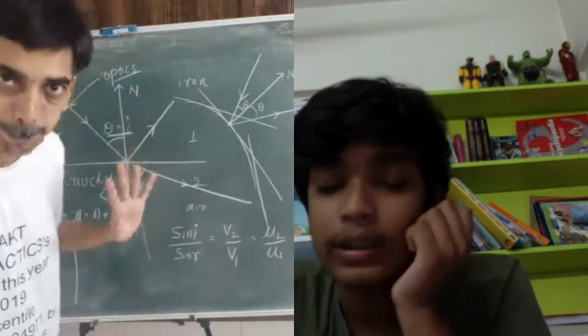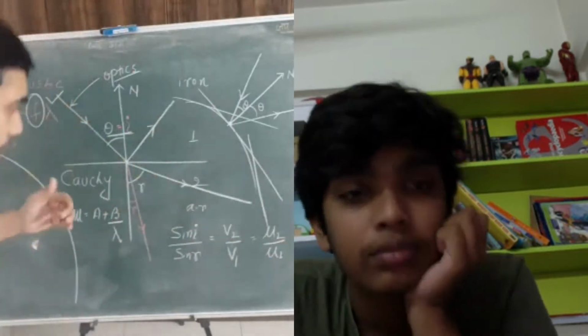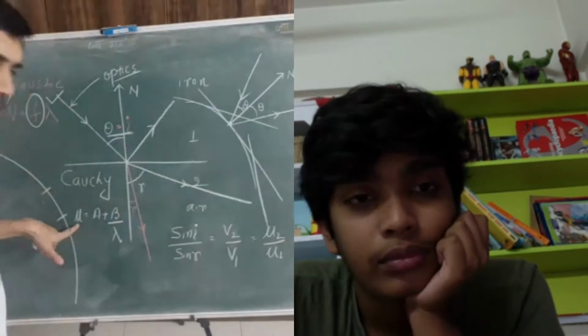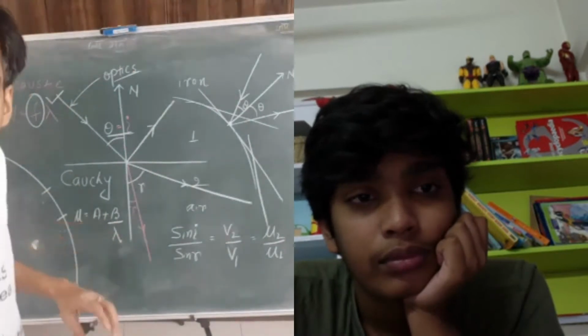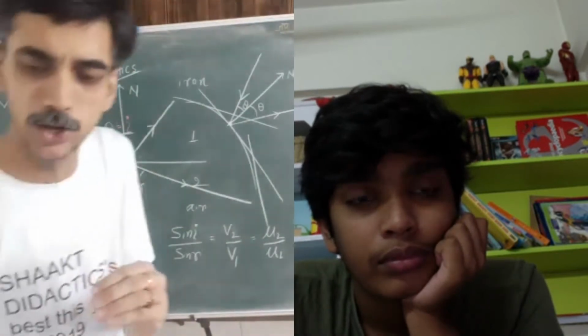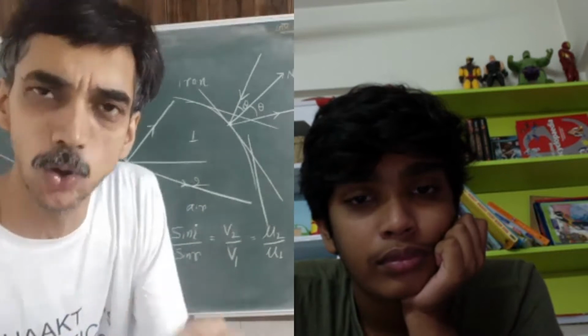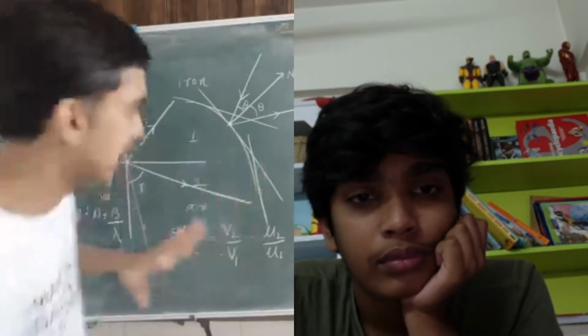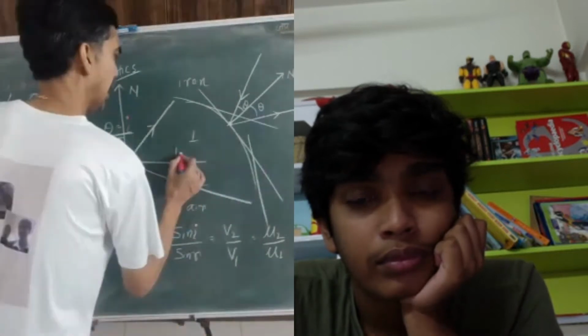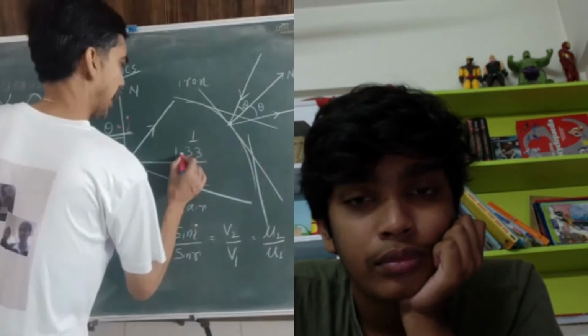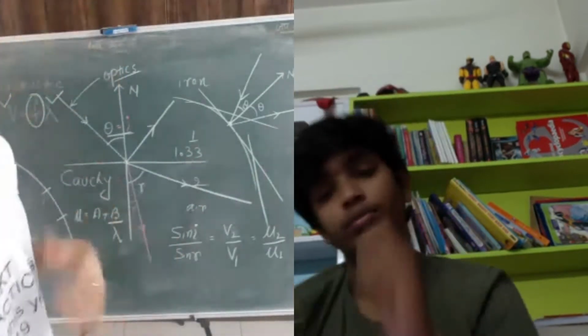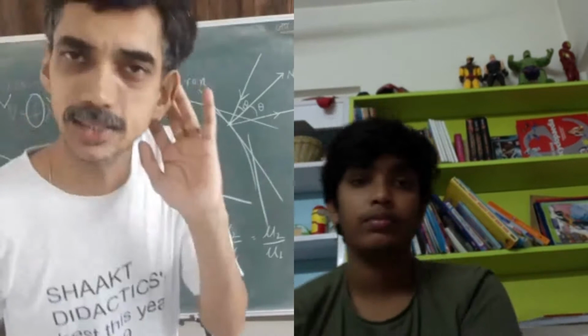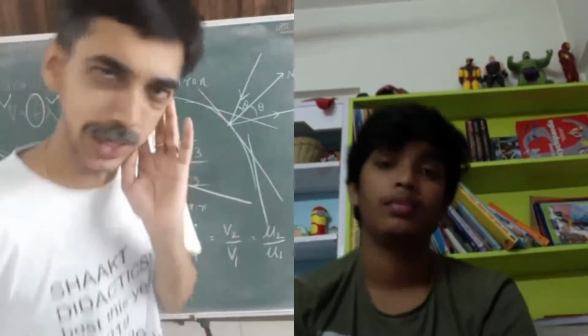So we observe that mu depends on the experimental values, and we wrote mu of glass as, let's say, 1.33. We found that mu of glass is 1.33.